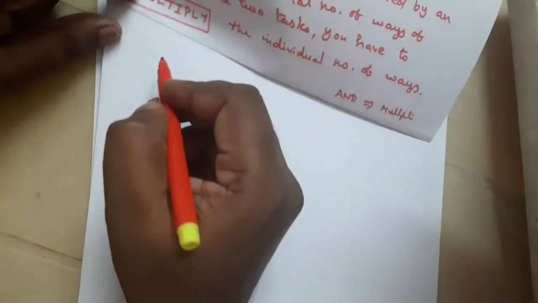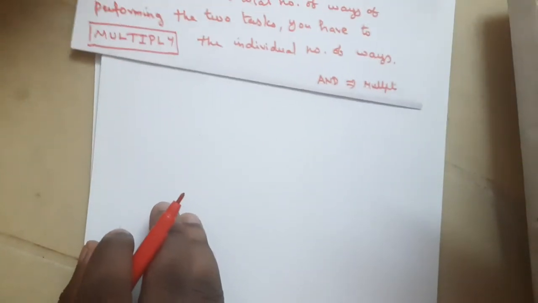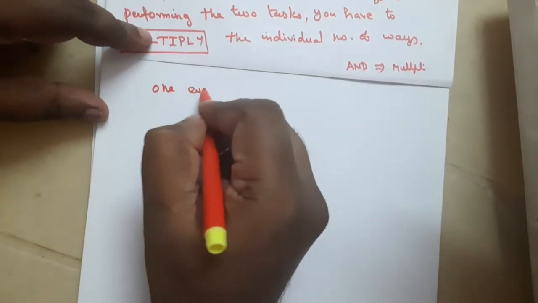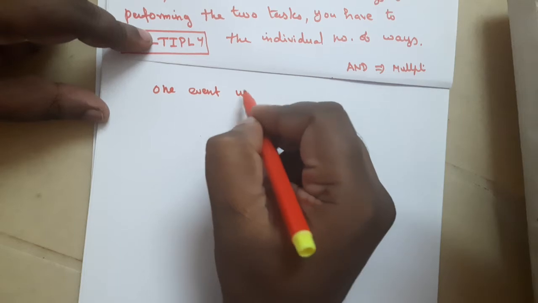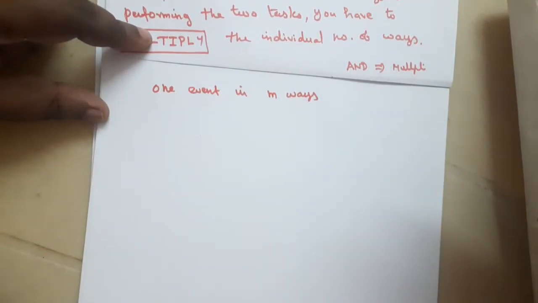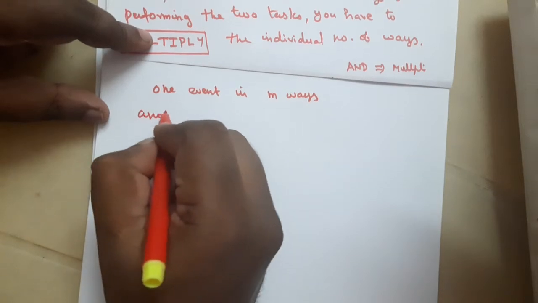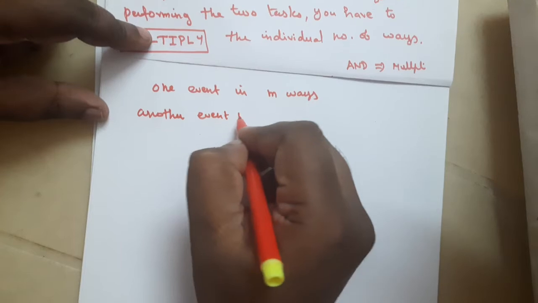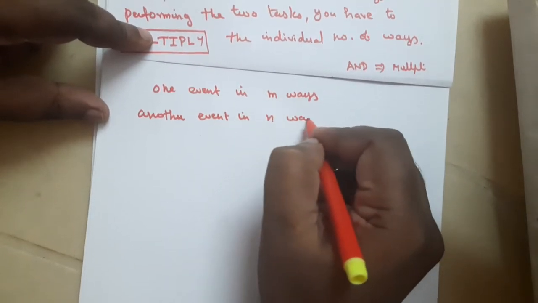That is, suppose we have one event in m ways, and another event in n ways.